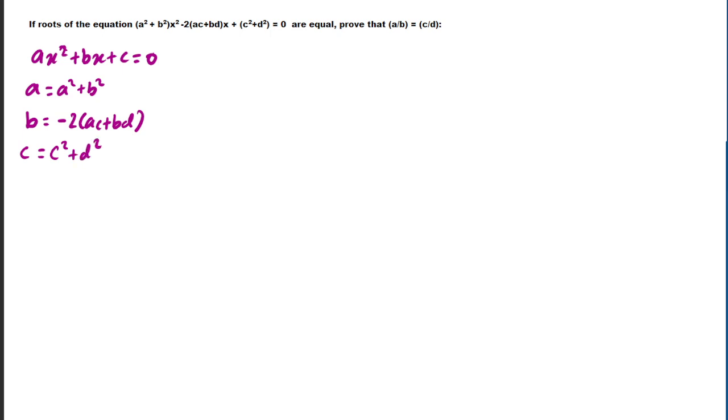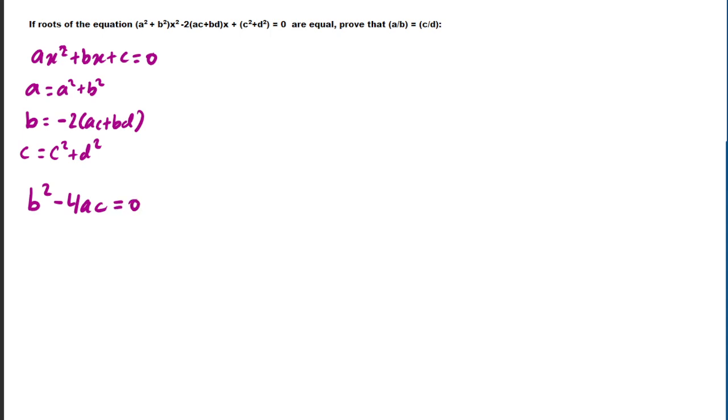Now with that information, we also know that for the roots to be equal, the discriminant has to be 0. The discriminant is b squared minus 4ac. So for the roots to be equal, this has to equal 0.